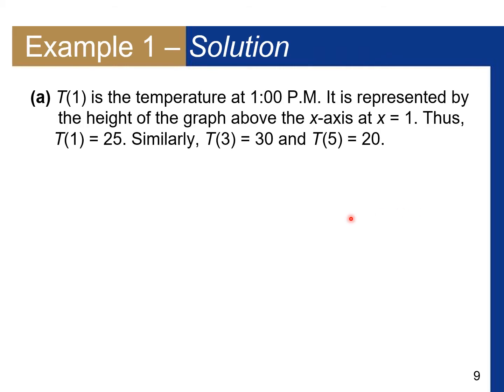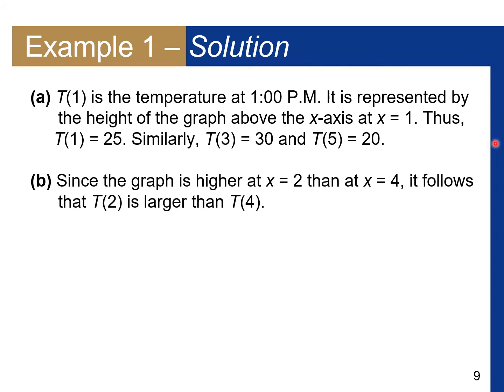So if we take a look at 1 o'clock, the temperature at 1 p.m. is represented by the height of the graph above the x-axis at 1. So when I take a look at that value, and hopefully you printed these PowerPoints out, or you have it in front of you where you can go back and take a look, you can see at 1, it's about 25.